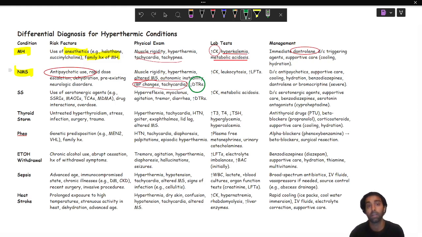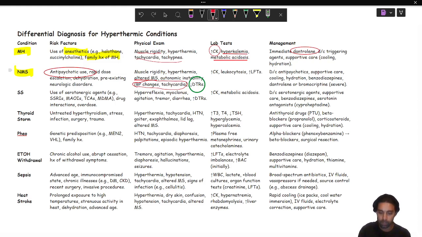Okay, so if you see very febrile, so 105, 104, or something like that, or above, and they're confused, a lot of these things are going to overlap. But if you have decrease in your reflexes, you should start thinking NMS, okay?